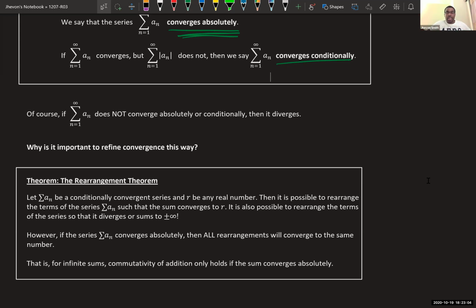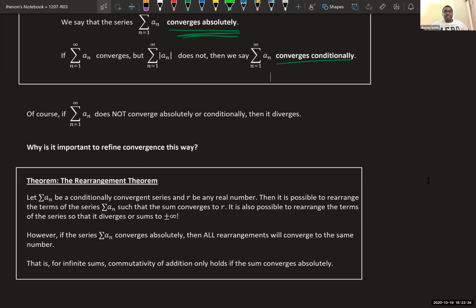Then it is possible to rearrange the terms of the series so that it converges to that number R. It is also possible to rearrange a conditionally convergent series so that it diverges. However, if the series is absolutely convergent, then all rearrangements will converge to the same thing.